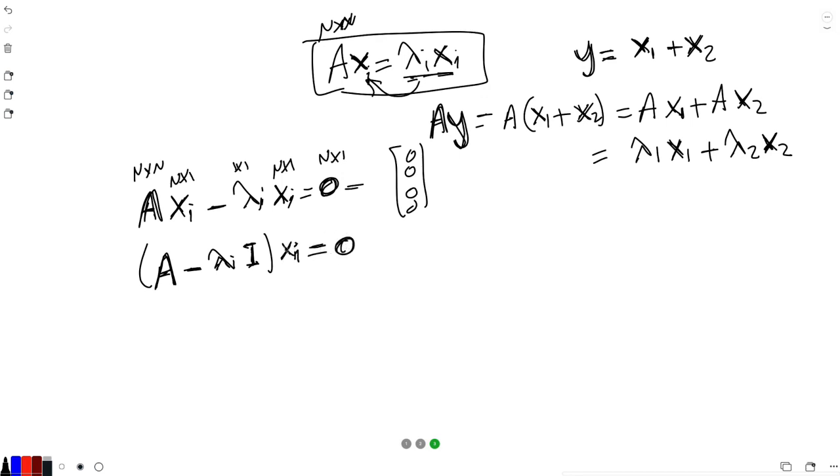Of course, just for mathematical convenience, you cannot subtract a scalar from a matrix.